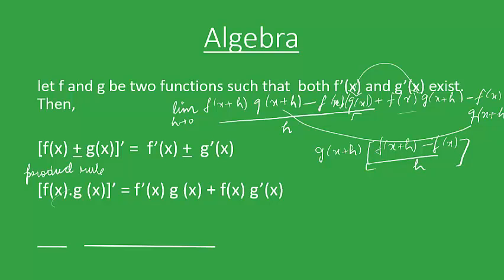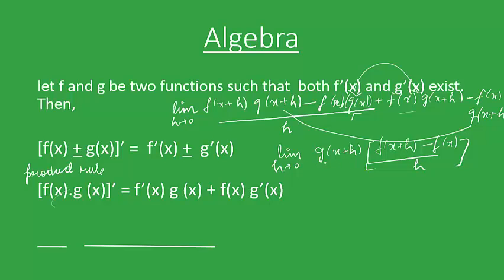Now this may seem familiar to you through the first principle, only if we don't have this g of x plus h. So now using the algebra of limits, that if the limit of the individual parts exists, then we can separate these two limits as limit of g of x plus h differently and limit of this particular expression differently.